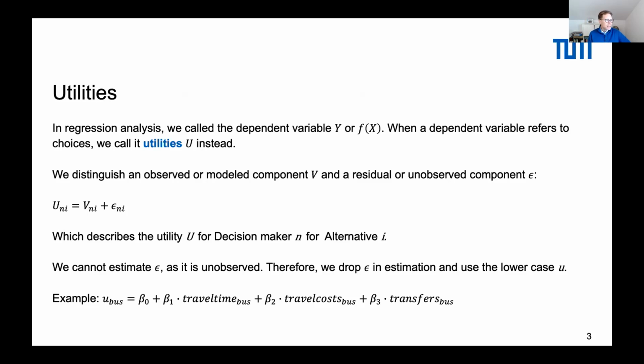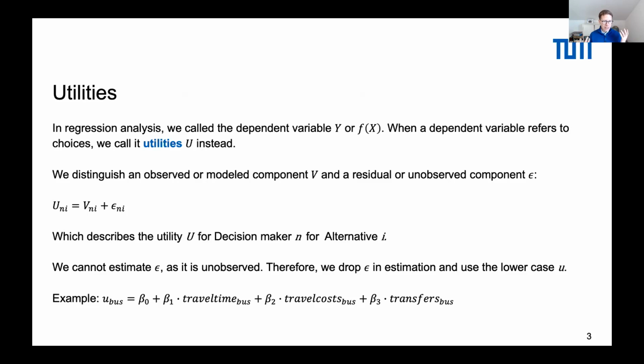That could be the prejudice someone has against a certain mode, or the habit that someone has, or the lack of information, how fast it actually would be by transit for a person who usually drives by car. These are things that we cannot measure well, and those are buried in the epsilon, which is our error component.